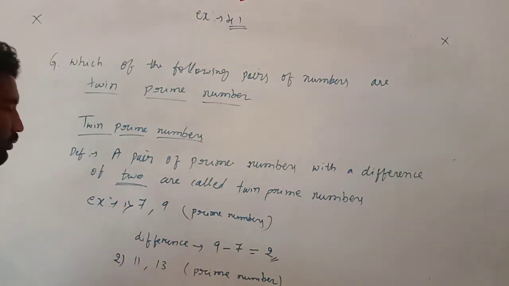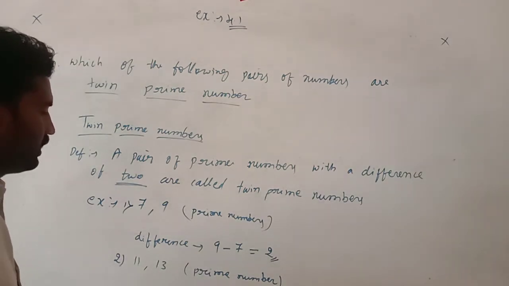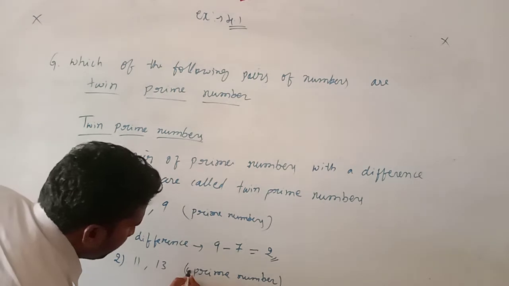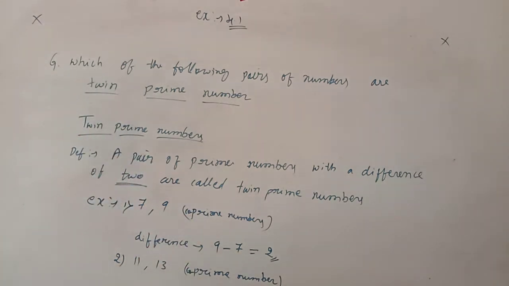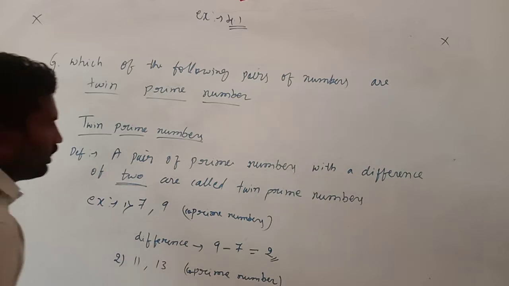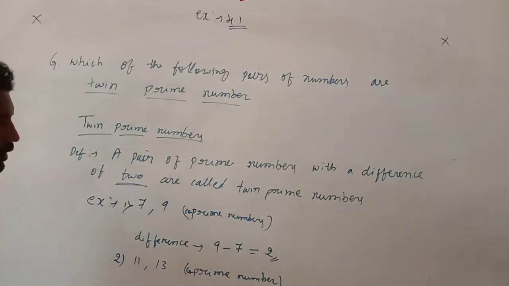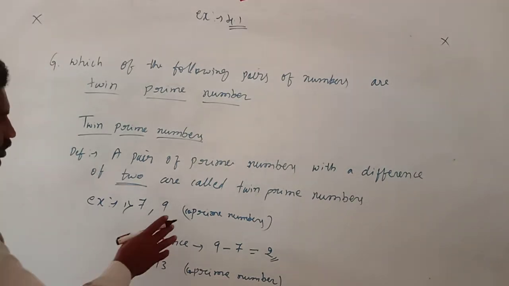What are co-prime numbers? The common factor should be 1. Then only the numbers are called prime numbers or co-prime numbers.